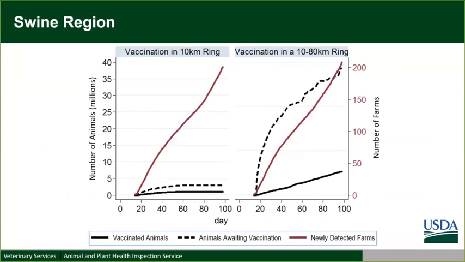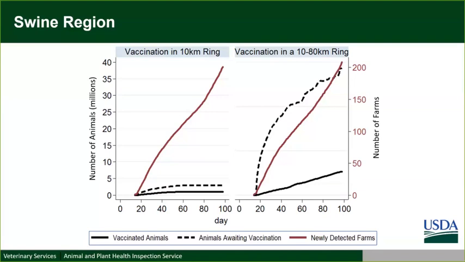And so why is that? So just to wrap up and compare what happens when we do different zone sizes. This is looking at, within a swine dense area, applying vaccine within a 10-kilometer ring versus what that video was showing, a vaccination within a 10 to 80-kilometer ring, and how you can have animals that are waiting to get vaccinated because you don't have either the resources to apply vaccine, or the doses available.